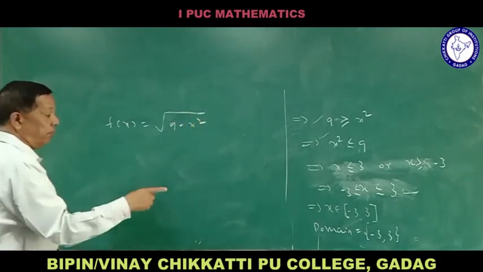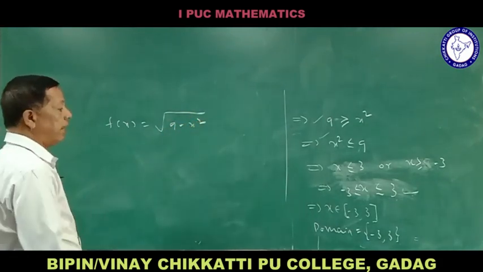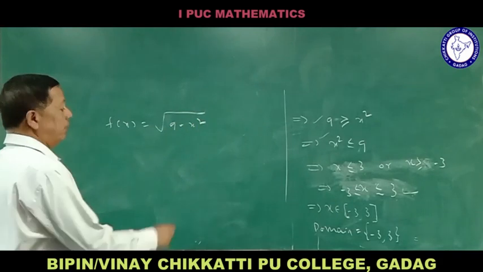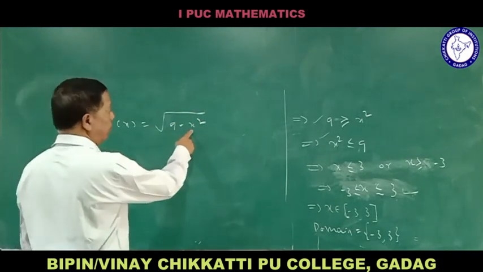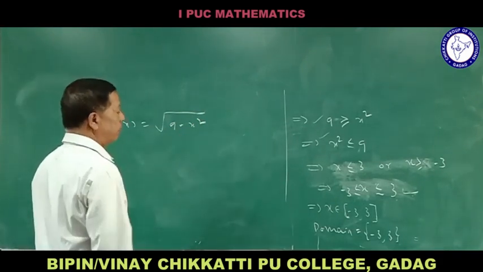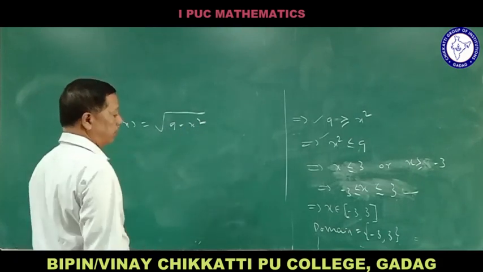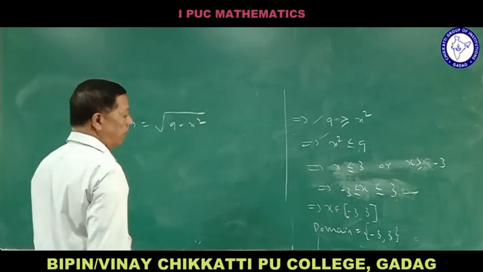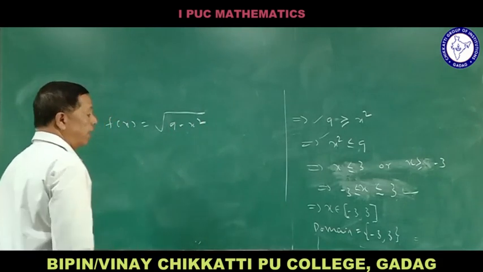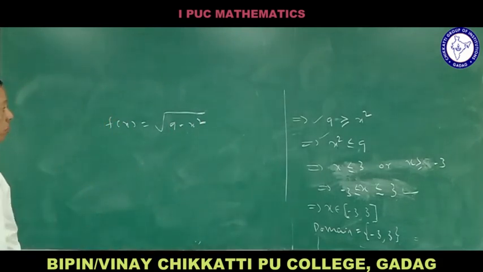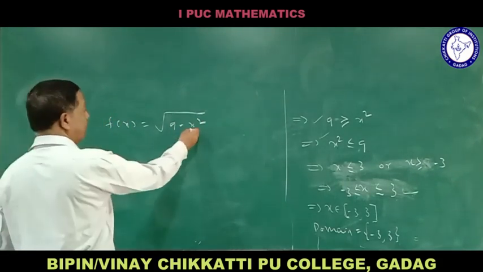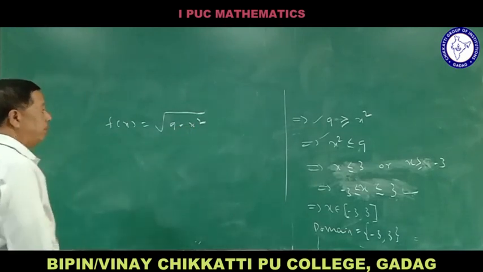So suppose you take x is equal to minus 3 and x is equal to plus 3, what happens? You will find 0, because 3 square is 0, and minus 3 also gives 0. Suppose x is equal to 0, you will get 3.